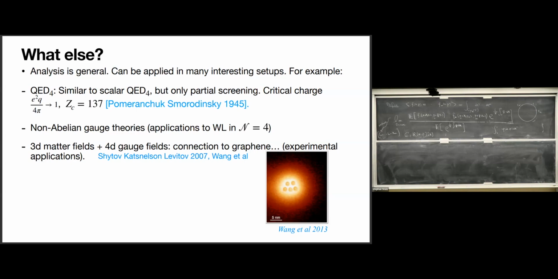This picture is from work of a group at MIT, and this is for graphene. You can see the fermionic cloud that is being formed, and then the screening. So this phenomenon that I discussed makes contact with this phenomenon in graphene, but from the theoretical point of view and the language of defect conformal field theories.